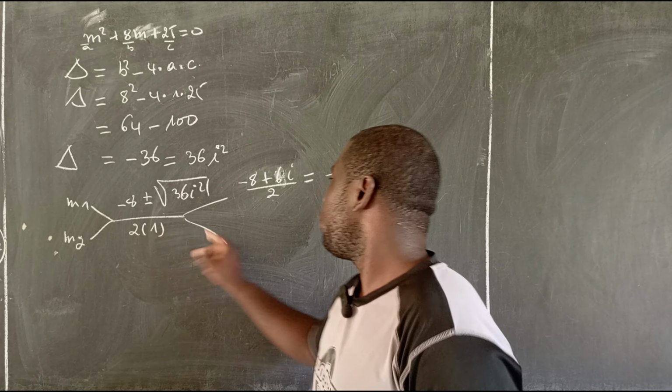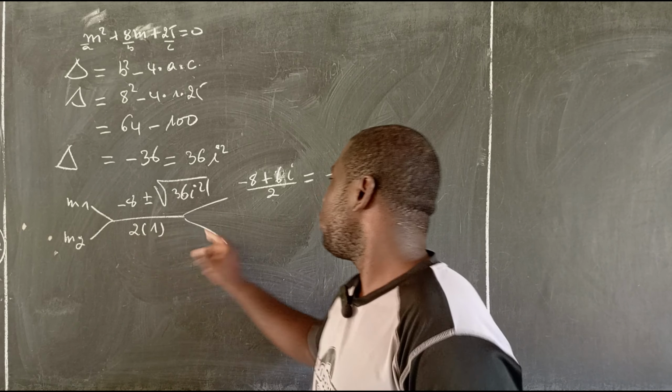As you see, m2 is a conjugate of m1. So here we have the same numbers, where alpha is negative 4 and beta is 3.